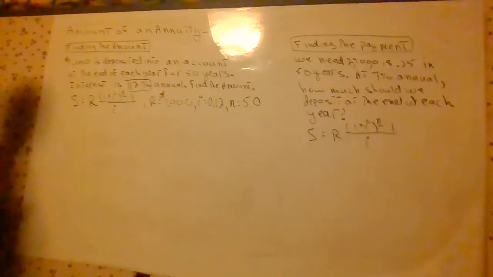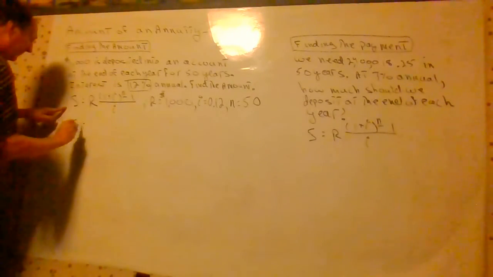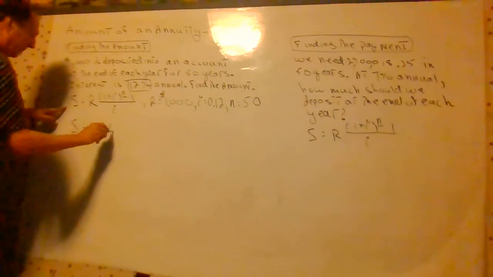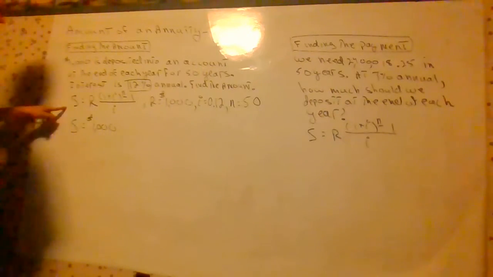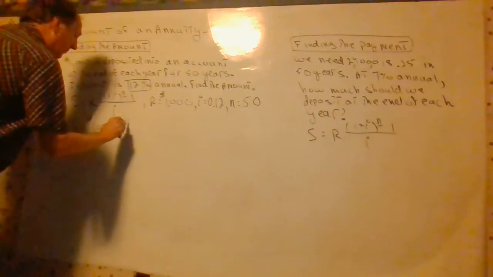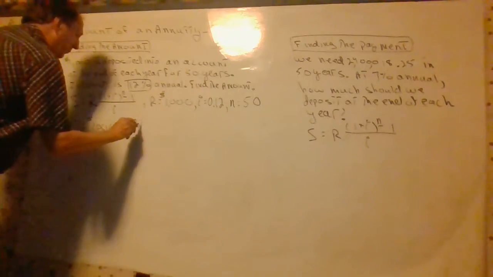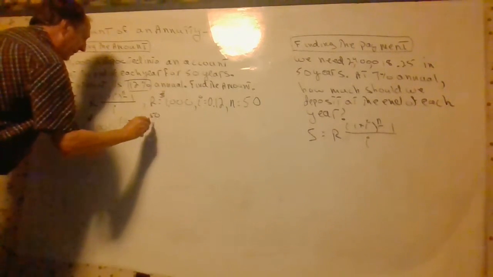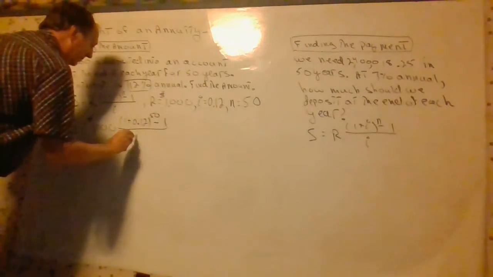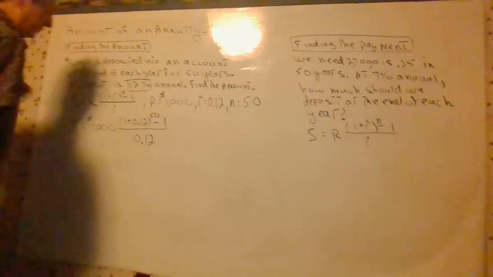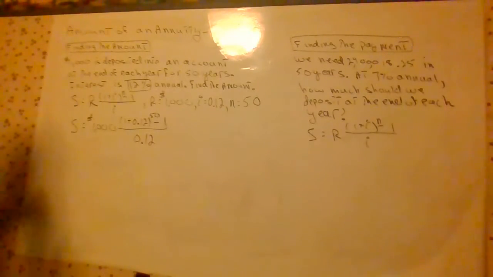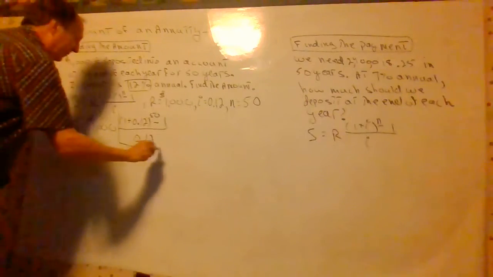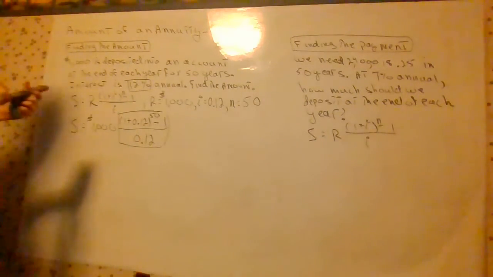Now we have to substitute. S equals 1,000 times (1 plus 0.12)^50 minus 1, over 0.12. And what I would recommend is figure out this first on a calculator.